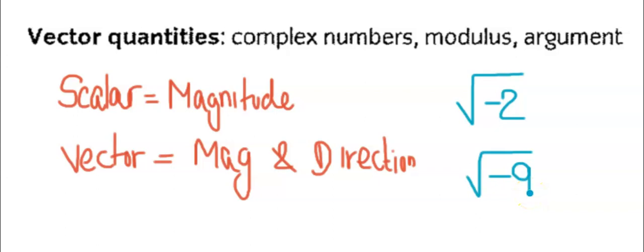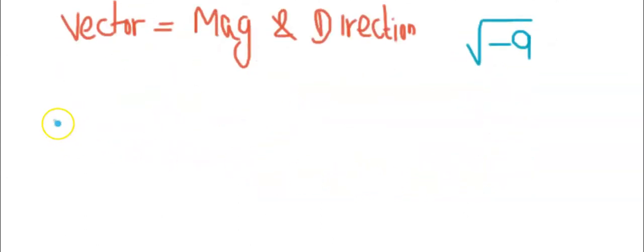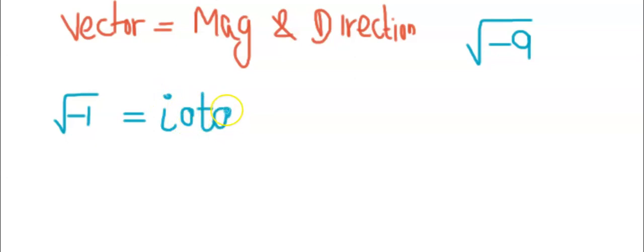The square root of a negative number is not possible until some people, because they were stuck with further calculation, thought, okay, let's sit together and agree on something. They agreed that the square root of -1 they call iota, I-O-T-A.